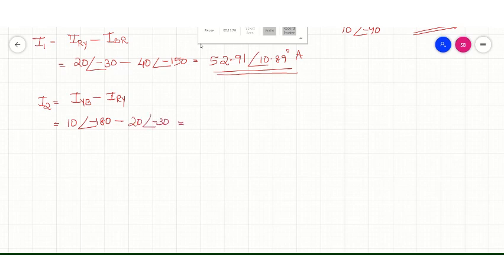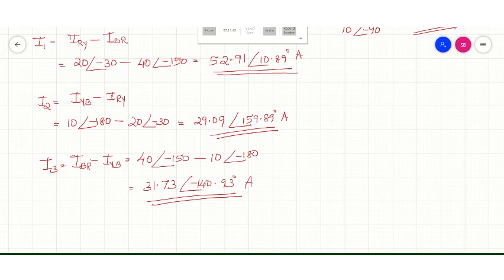This is equal to 29.09 angle 159.89 degree amperes. Then we can find I3 also. I3 we will get as 31.73 angle minus 140.93 degree amperes.